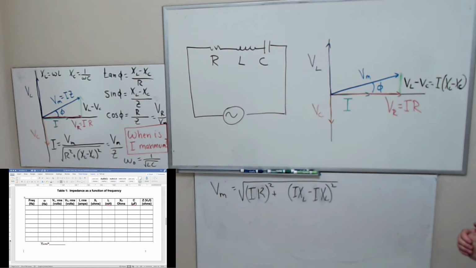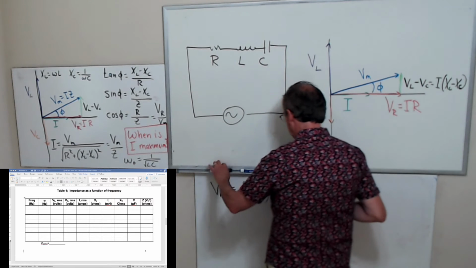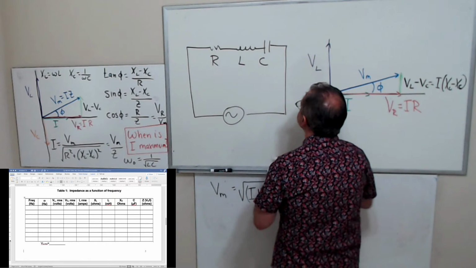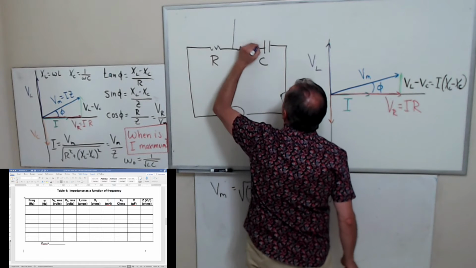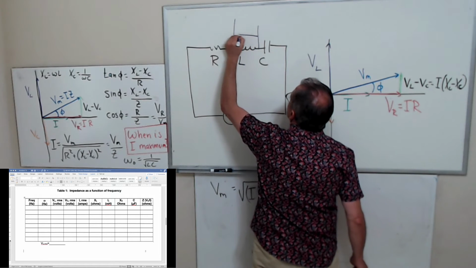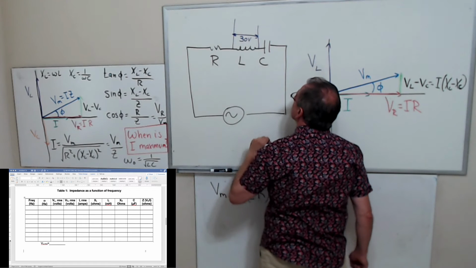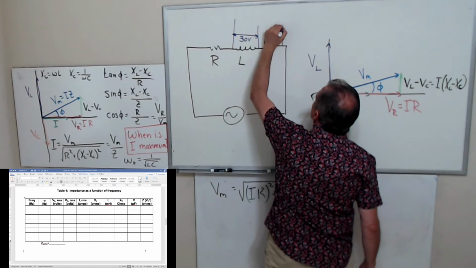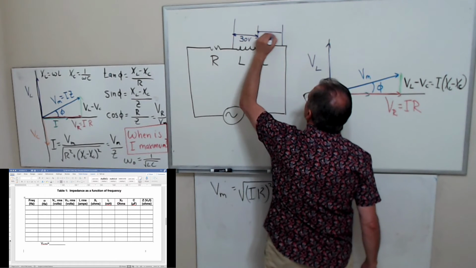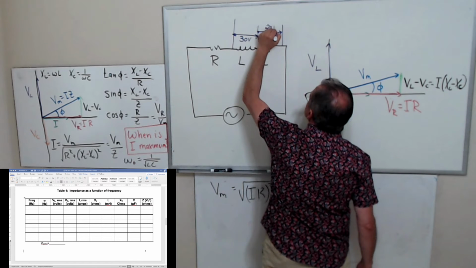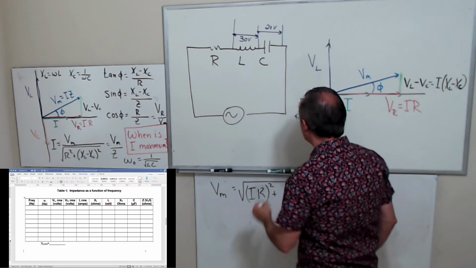Are we okay with that? Okay. A couple of things you have to understand. This is different from DC circuits, and students get confused on this. Suppose the voltage across the inductor I measured at 30 volts, and this voltage I measured to be 20 volts.